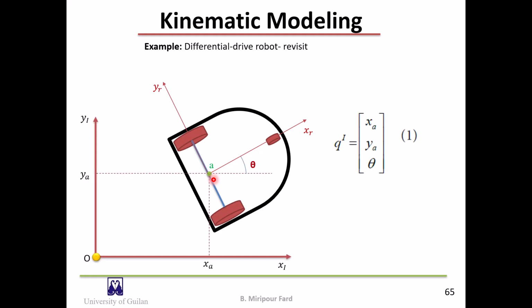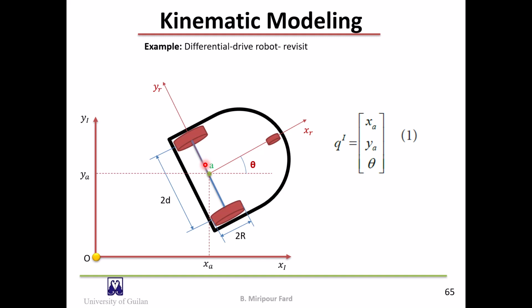The inertial coordinate system is also defined. This frame is denoted by XI and YI. The robot position and orientation in the inertial frame can be defined as q^I, and we express the inertial coordinates with a superscript I. Suppose the physical parameters of the robot, like D, R, and other physical parameters are known.